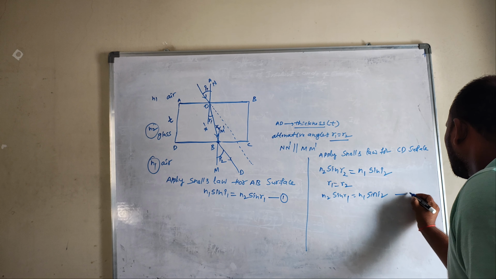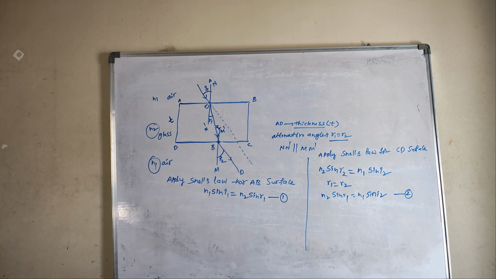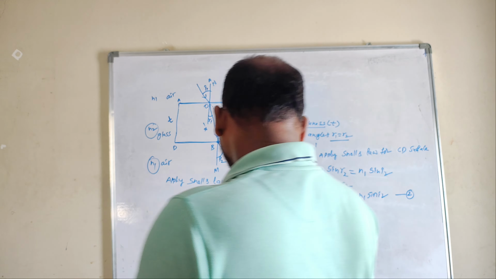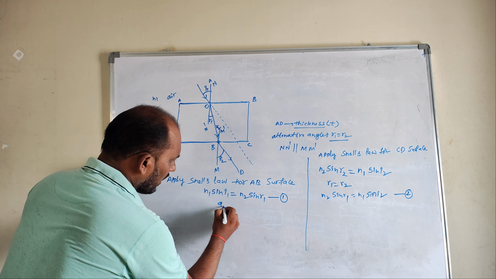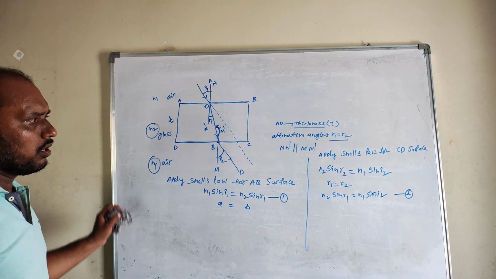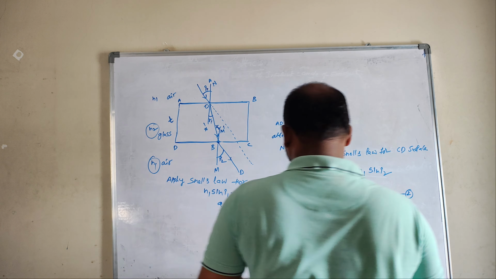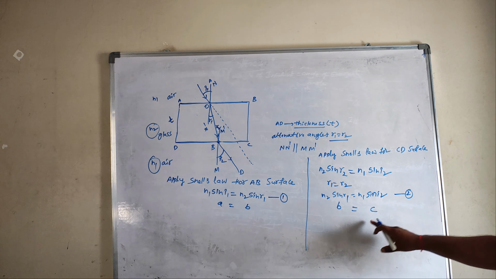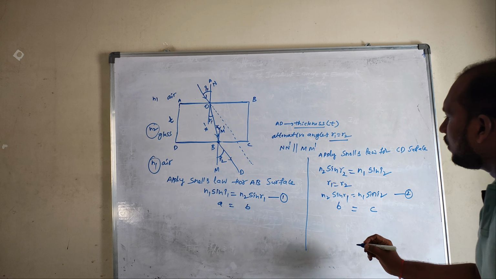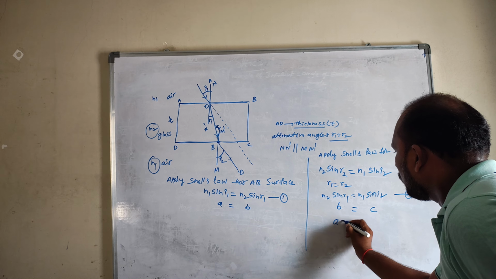Let us say equation 2. So observe, guys, here it is in the form: A is equal to B, B is equal to C. Then what do you get? A is equal to C.